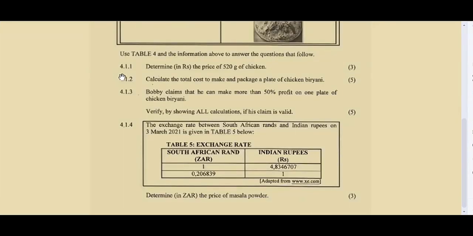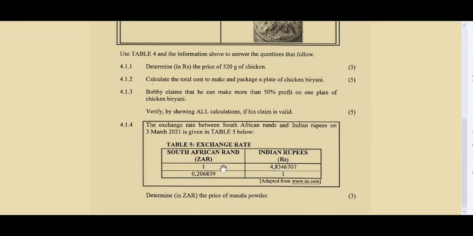We have the exchange rate between South African rand and Indian rupees on 3 March 2021 given in table 5 below. So table number 5 is the exchange rate, South African rand to Indian rupees. So we are told that 1 rand is equivalent to 4.8346707 rupees.